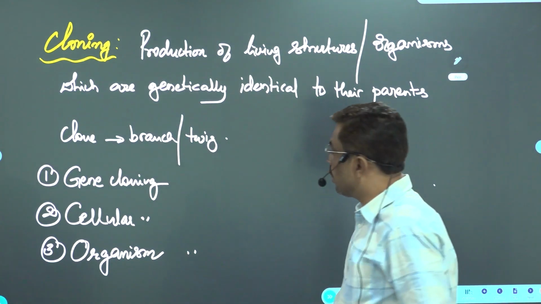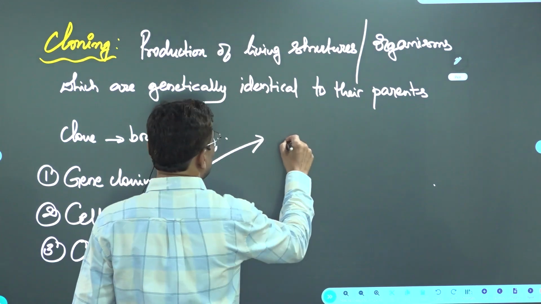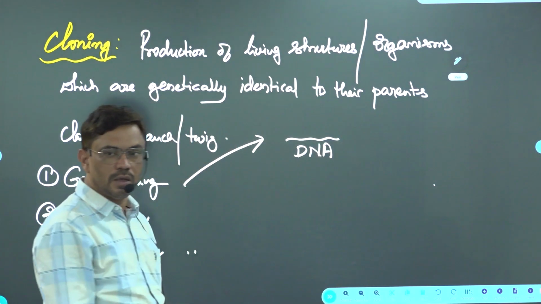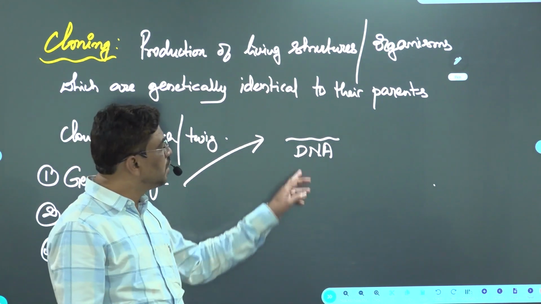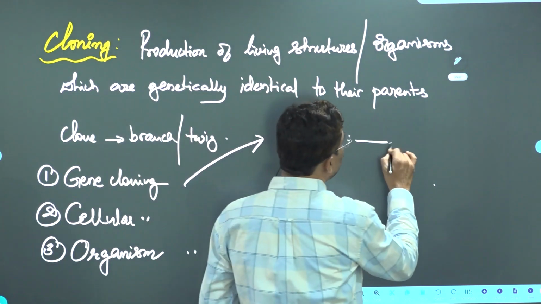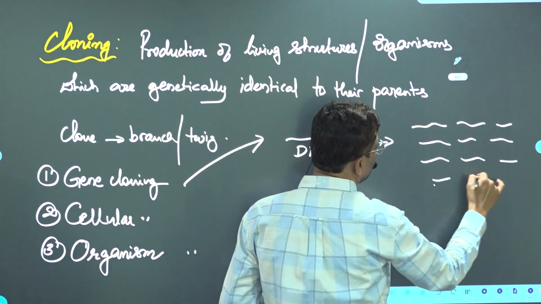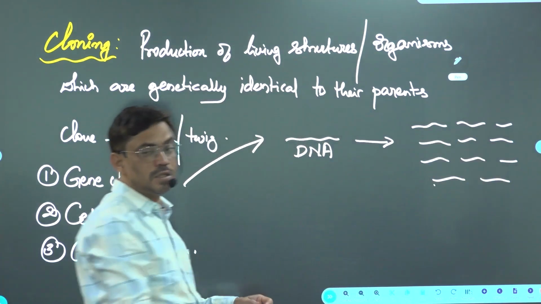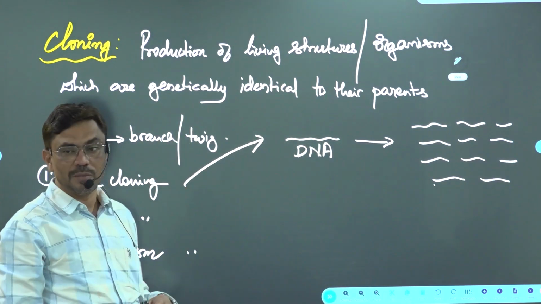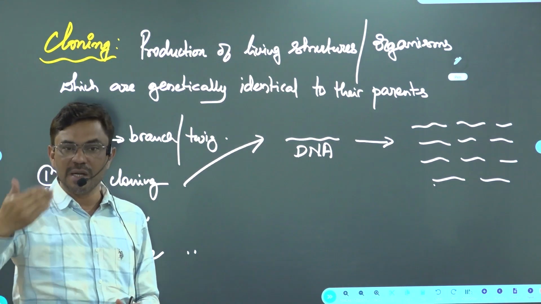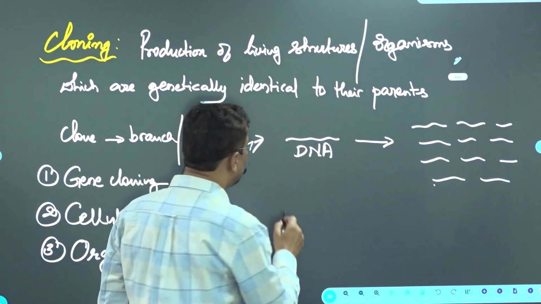So what is gene cloning? Suppose say this is our desired DNA. If this DNA is copied, if this DNA is multiplied, a large amount of DNA is produced, then this cloning you call gene cloning. That means a part of the genetic material, a part of the DNA, is multiplied. So what is the process involved here?